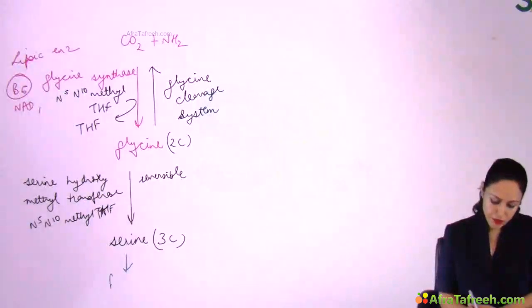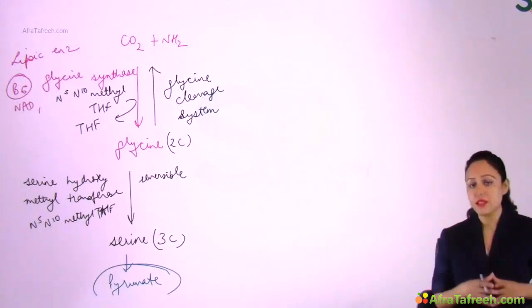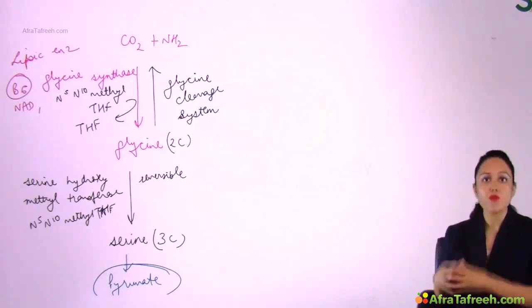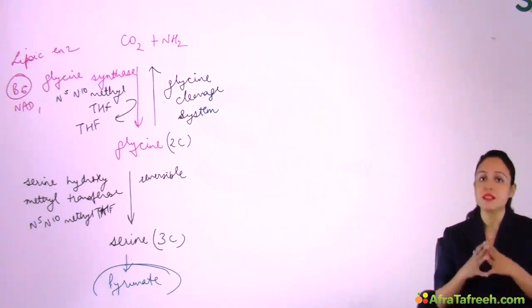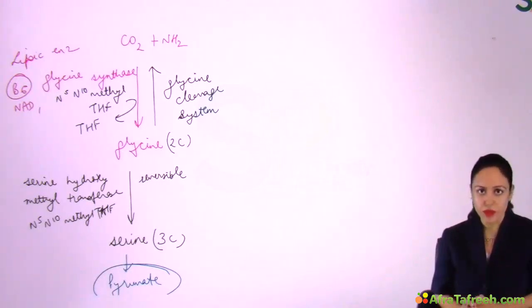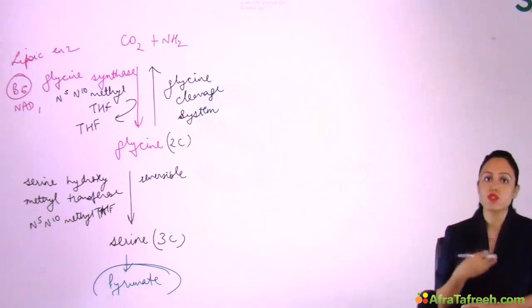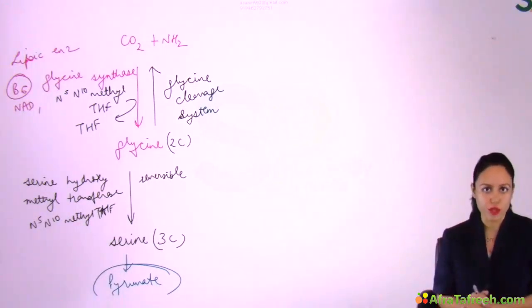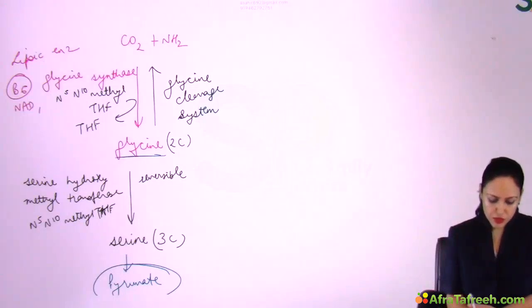This serine will then further form pyruvate. So as glycine and serine in the catabolism end, they are forming pyruvate. So I will say glycine and serine both are glucogenic amino acids. You know, any amino acid which can form pyruvate, that is glucogenic, right? So in the synthesis of glycine, one more thing is there, threonine.